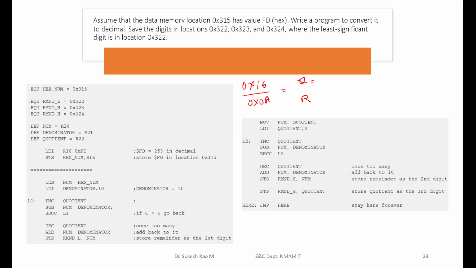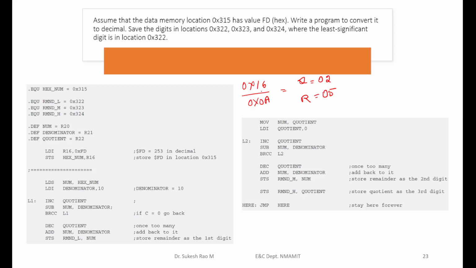Okay, it goes 2 times here, and the remainder is 0.5. So you can cross check this answer. This answer is supposed to be 25.